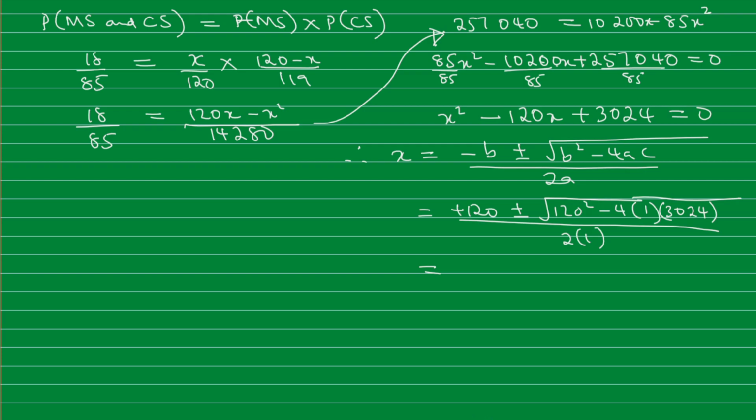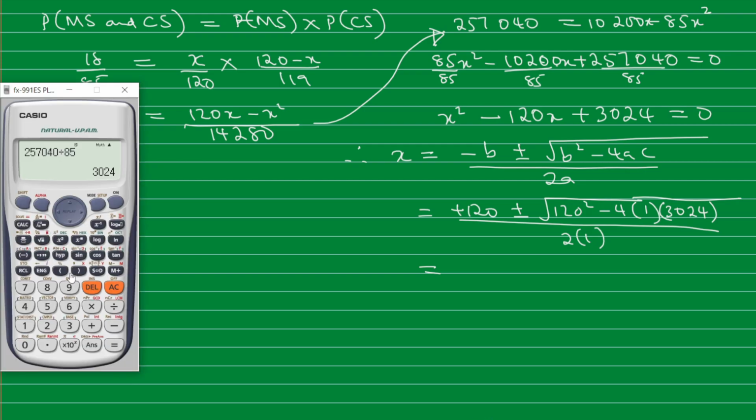So I have 120 plus root of 120 squared, minus 4 into a is 1, so it's 4 by 3024, and go on to divide by 2. What is our first answer?